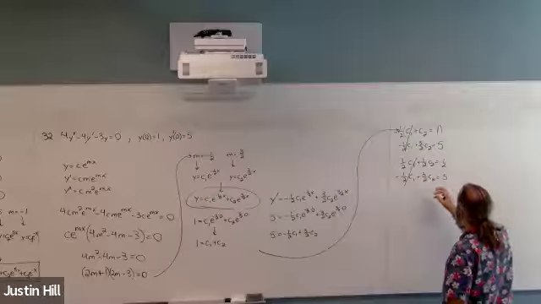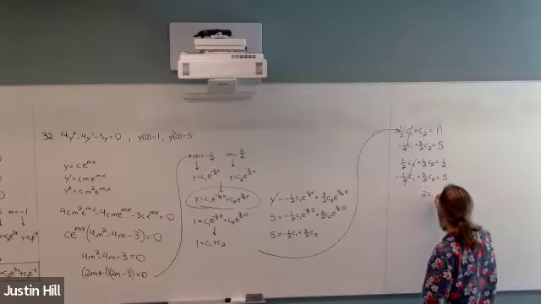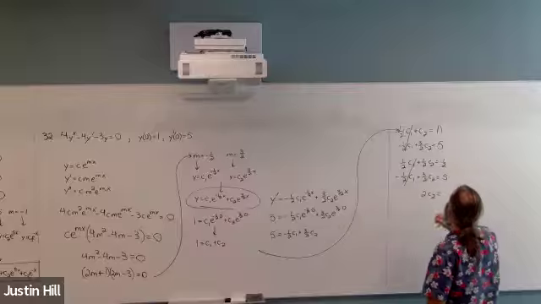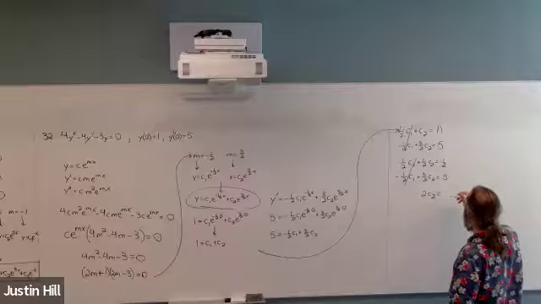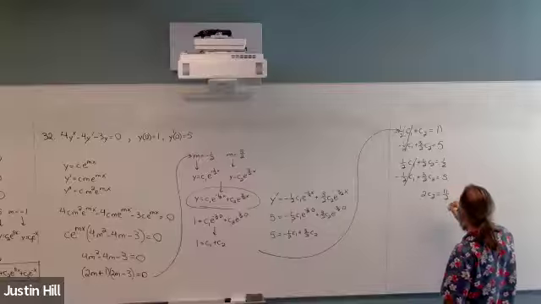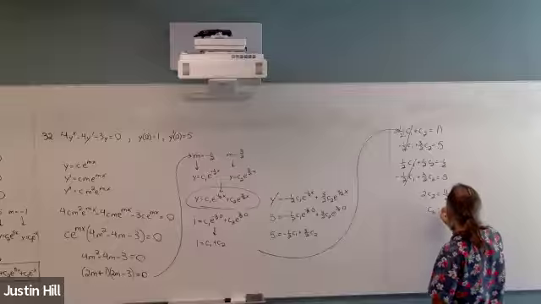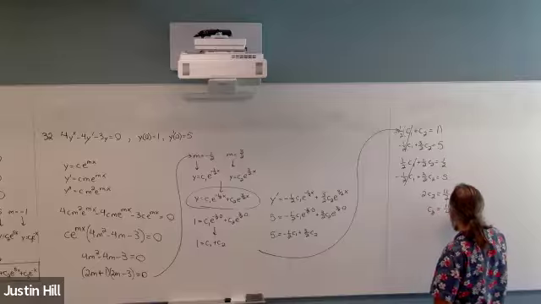Those cancel, so we end up with 1/2 and 3/2 is 2, so 2 C2 equals 5.5, which is really 11/2. We divide by 2 on both sides, and we end up with C2 equals 11/4.